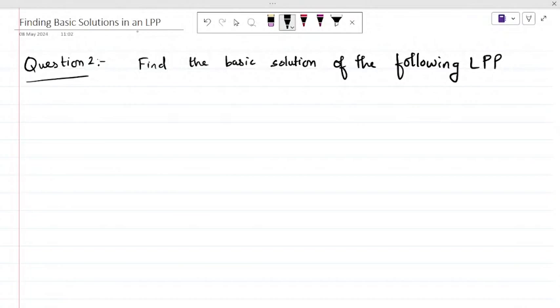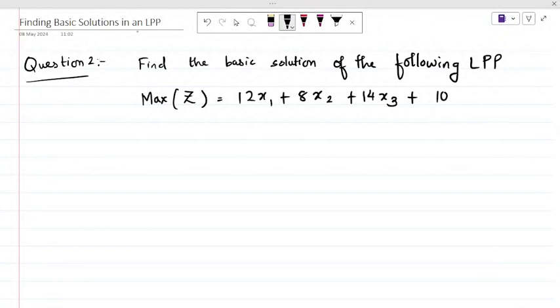So here they have said maximize z equals 12x1 plus 8x2 plus 14x3 plus 10x4. This is the objective function given to us, subject to the condition.